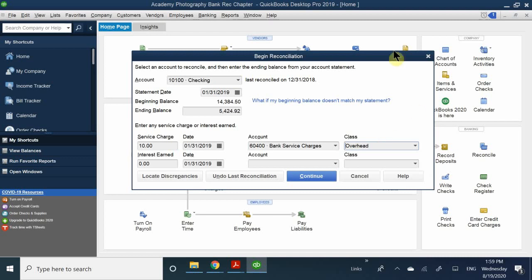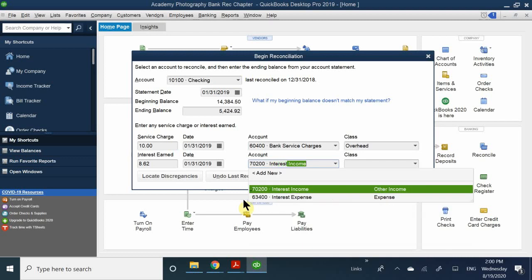Okay. All right. So the next question is, was there any interest that I have collected? Yes, I think they did. Yes, interest is here. $8.62. Same thing, but here we're going to record this as interest income.